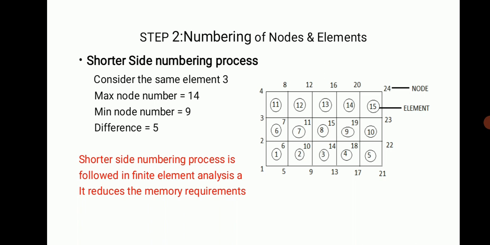Considering the same element 3, the maximum node number here is 14 and the minimum node number is 9 and the difference is 5. So comparing the longer side numbering process and shorter side numbering process, the shorter side numbering process is followed in finite element analysis because it reduces the memory requirements.